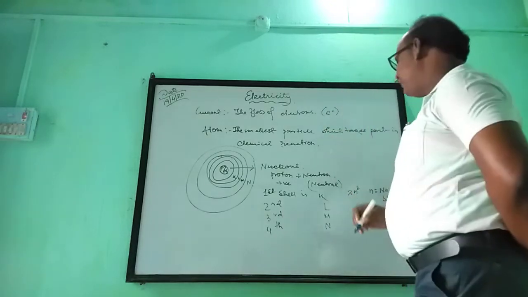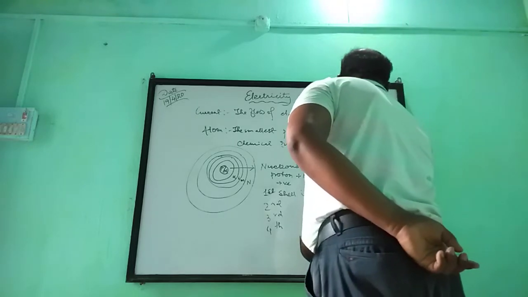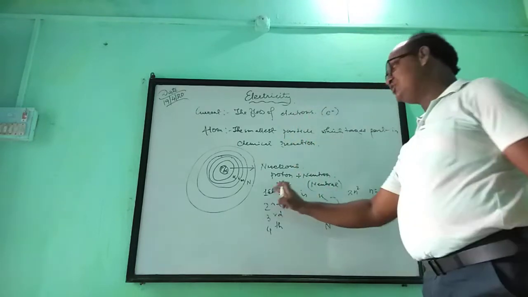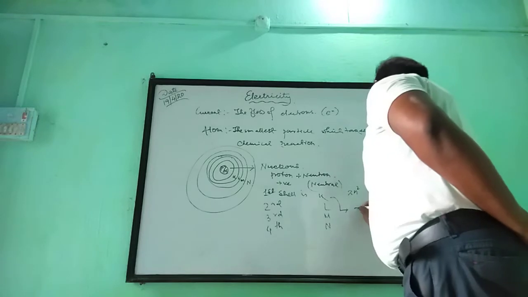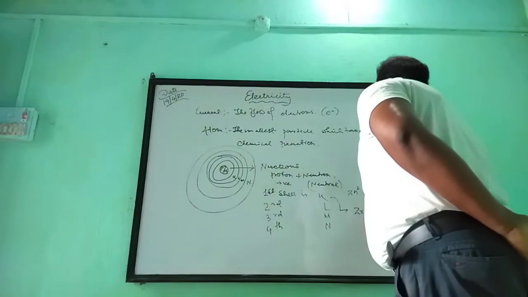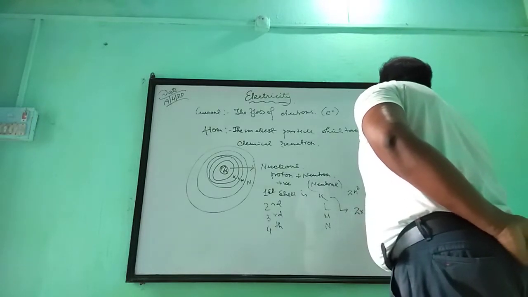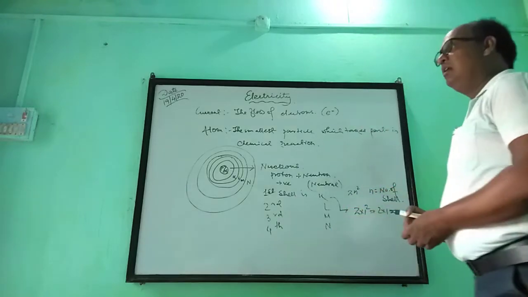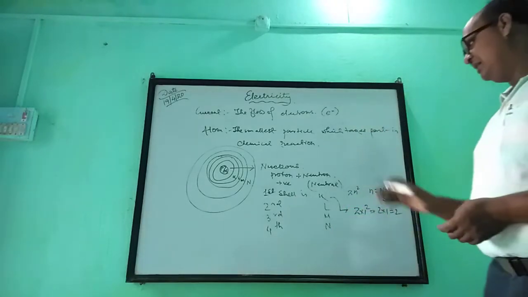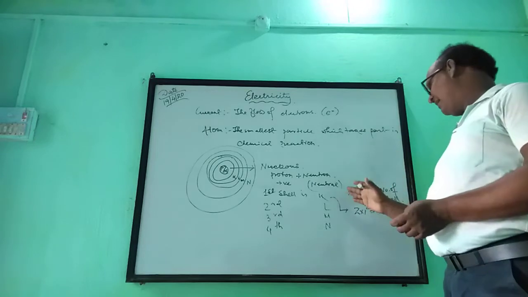The value for K is 1, so 2 into 1 square equals 2. The maximum capacity of bearing electrons in cell K is 2.